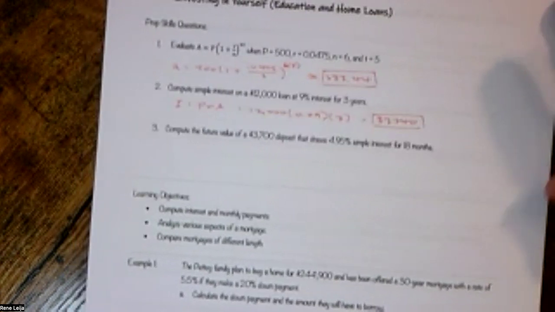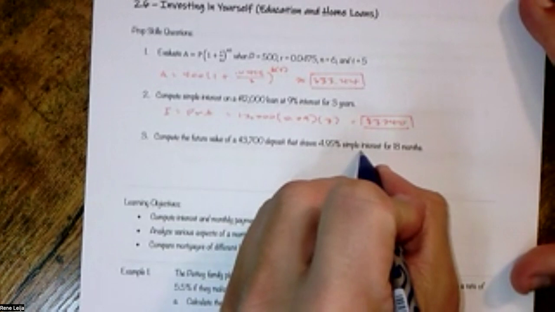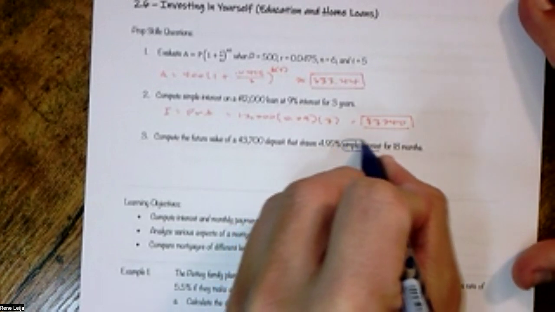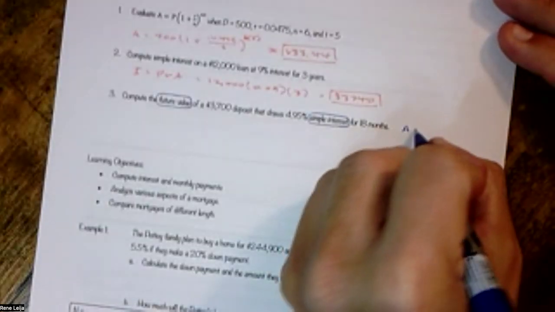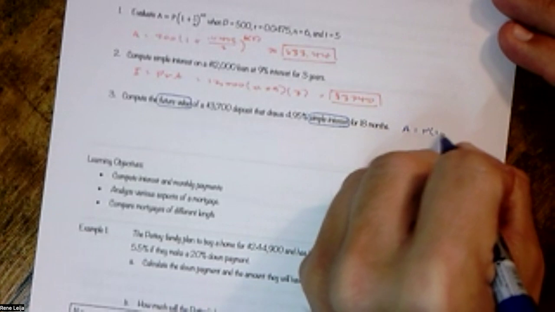Okay. Now, number 3, compute the future value of a $3,700 deposit that draws 4.95% simple interest for 18 months. We're finding the future value using simple interest. So that means we're going to use this formula.